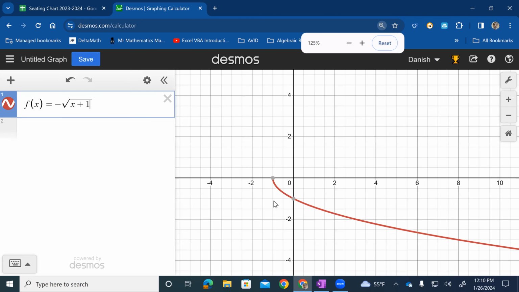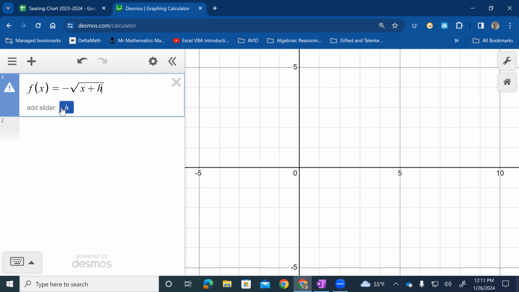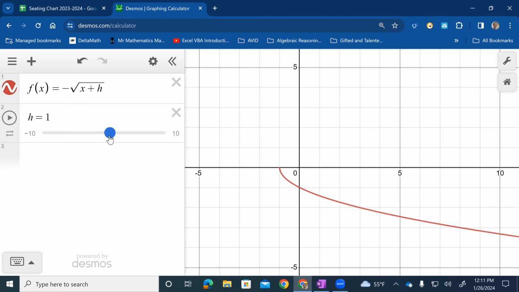I have two statements. One is saying it moved down, the other one is saying it moved left. Let's look at this. When it was over there, nothing, it was at 0. Right? It looks like it moves down, but actually what's happening? It's moving left. It doesn't make sense like this, but if I will put an H there, now you will definitely see if it's moving left or right. Look at this.